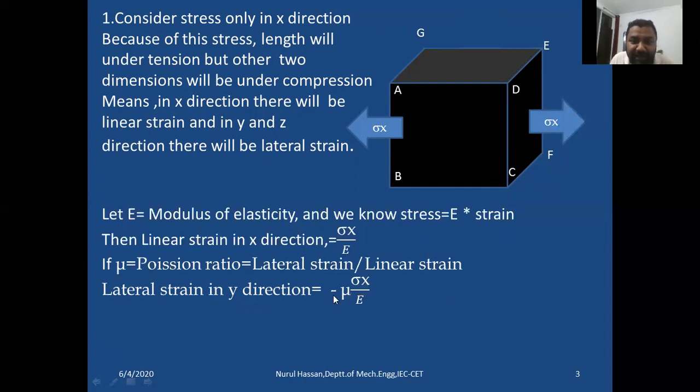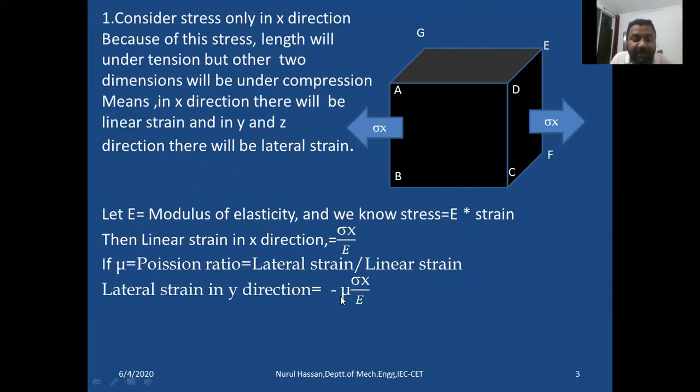Now I put it negative, why? Because CF and CD, the lateral dimensions, are compressed. Both the lengths CD and CF are compressed.